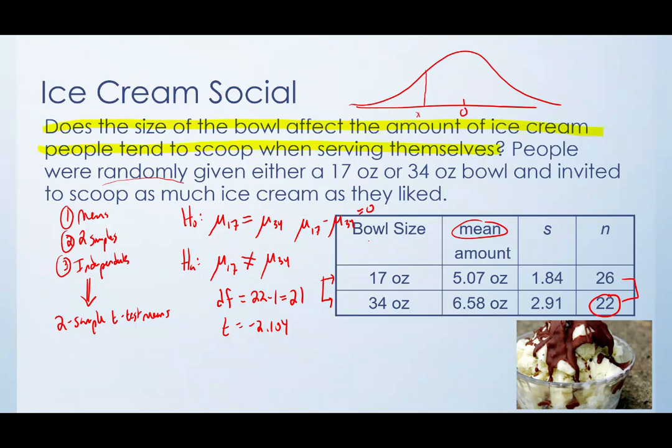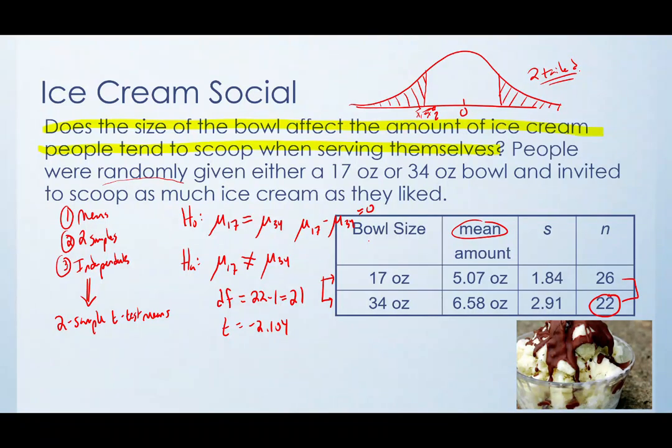So here, x bar 1 minus x bar 2. And so the p-value would be represented by shading, right? We're going to shade the area below that test statistic and the mirror image on the other side, because this is a two-tailed test, right?